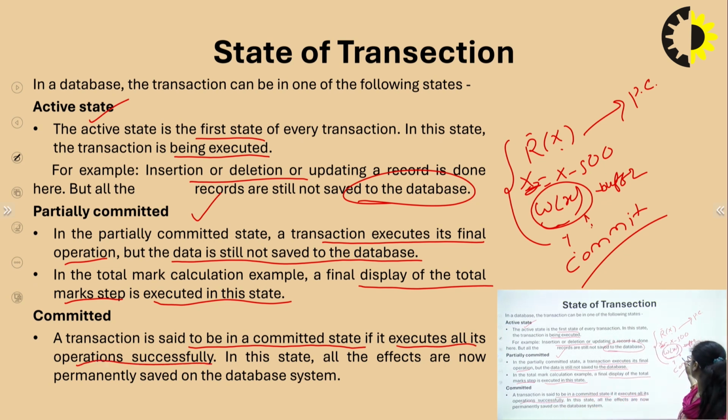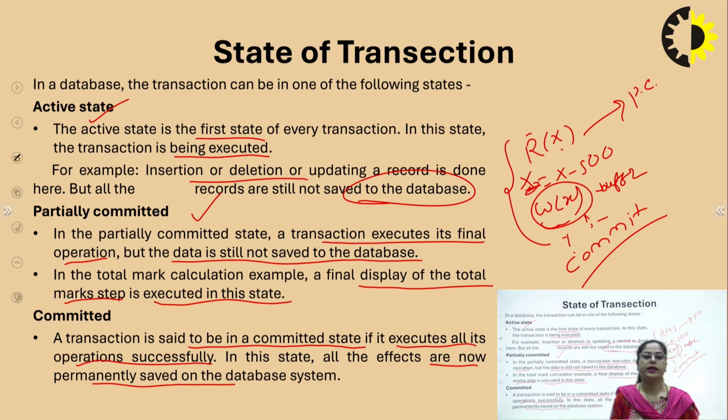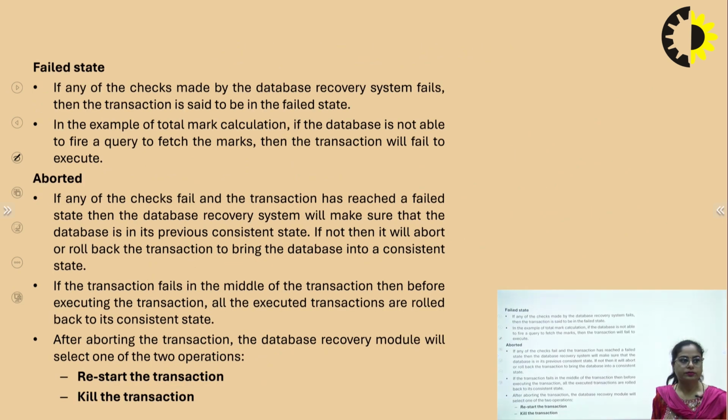If there is no failure here, we can write the commit command and save our value to the database. In this state, all the effects are now permanently saved in the database system. With the help of the commit command, we save all the data in the database.